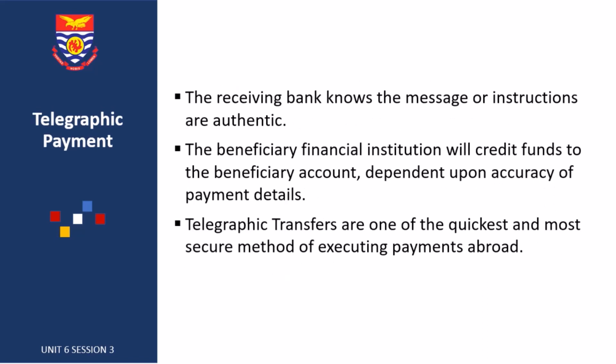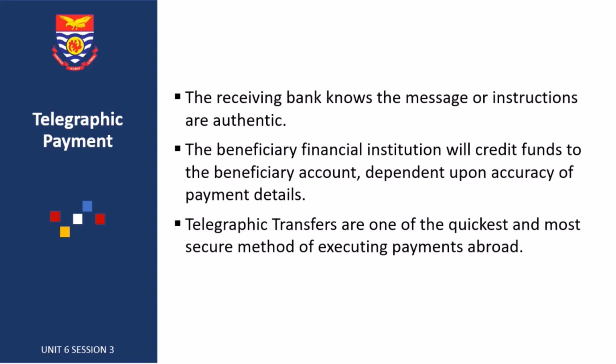With telegraphic payment, the receiving bank knows the message or instruction is authentic. The beneficiary financial institution will credit the funds to the beneficiary account, dependent upon the accuracy of payment details. Telegraphic transfers are one of the quickest and most secure methods of executing payment abroad.